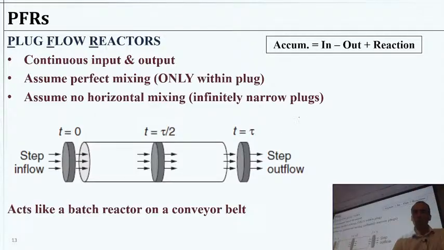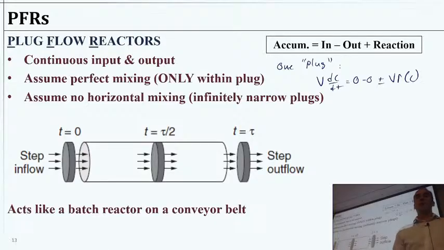That means if we take one plug, we can do the math on the accumulation for one plug of the water. We would have V dc dt equals no inputs or outputs because we're assuming there's no crossing. 0 minus 0 plus whatever reaction, plus or minus, that's happening in that volume.